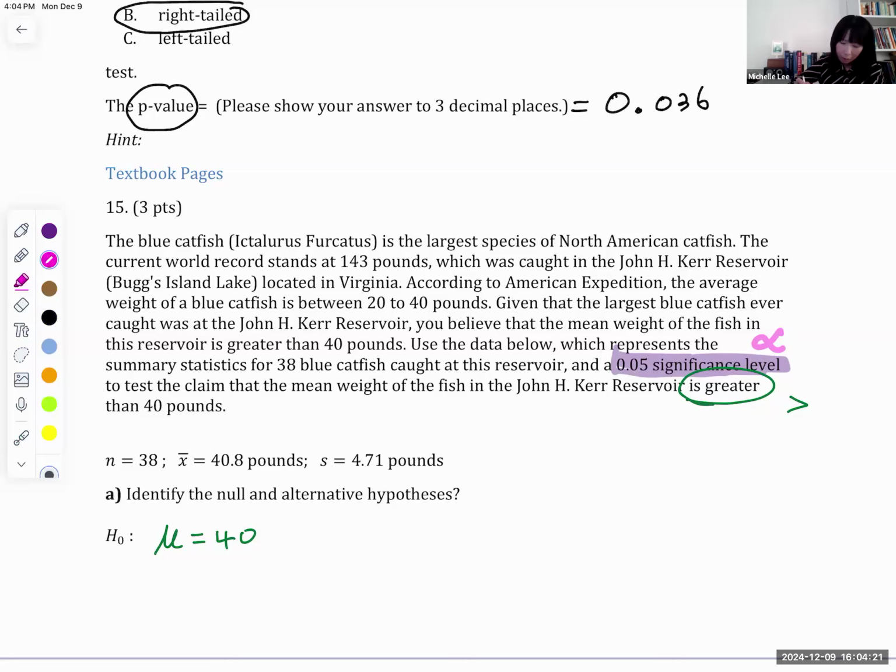So before we go in, the mean is 40, yeah, greater than 40 pounds. And then let me see. The current world record stands at 143 pounds.